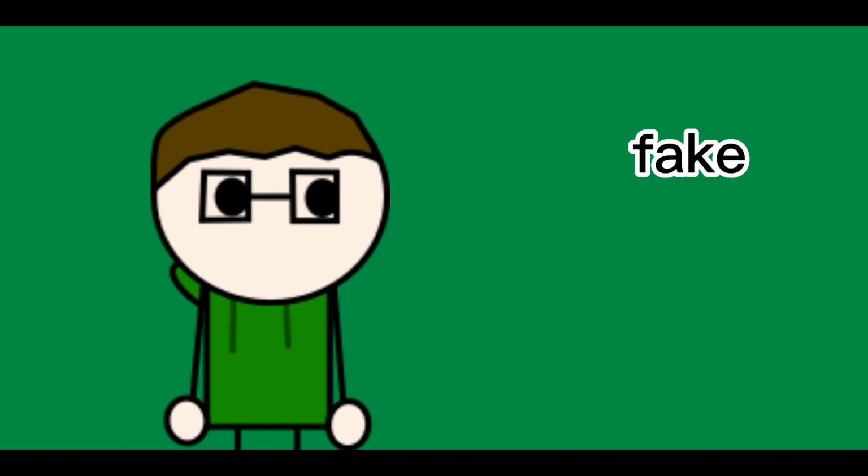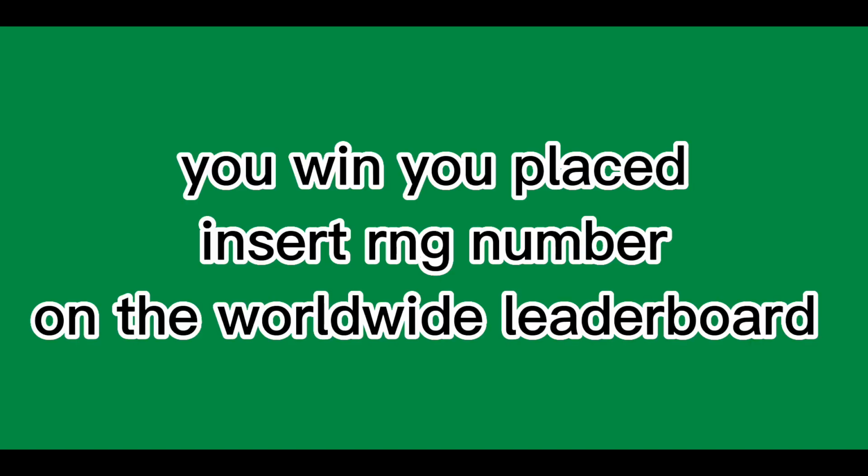A fake leaderboard. The way I would implement this is by adding a score that would go up by 1 for every second you're alive during the match, and would go up by 10 for every opponent you outlive. And then at the end, it says you win, you placed, and it'll show you a randomly generated number on the worldwide leaderboard.